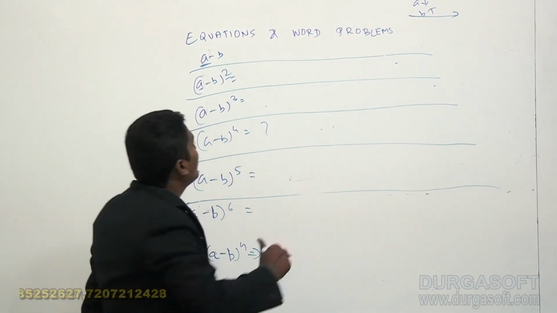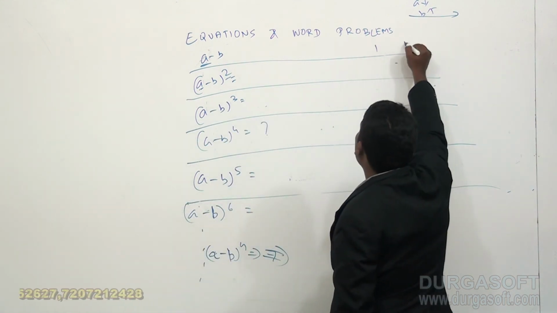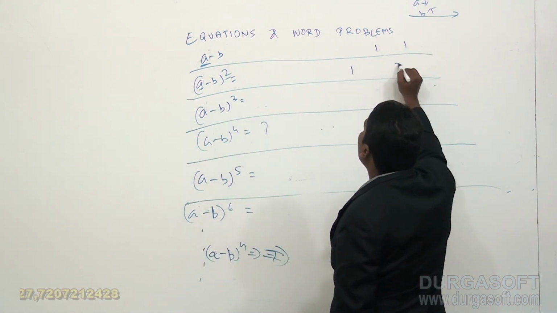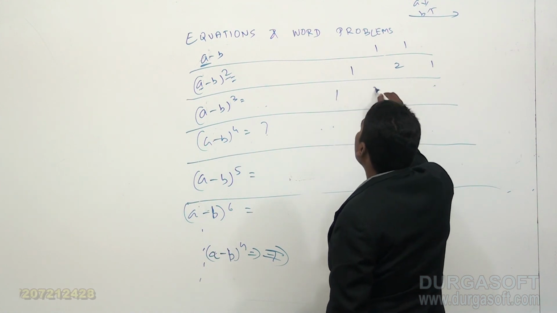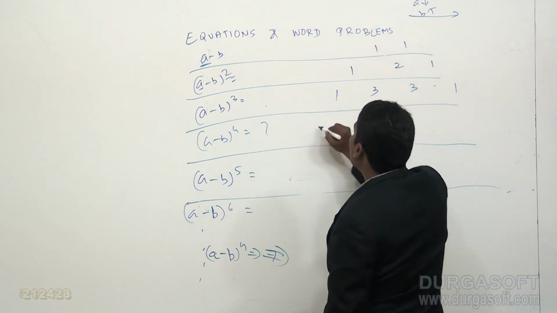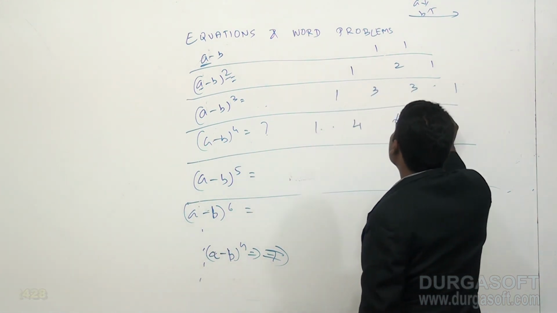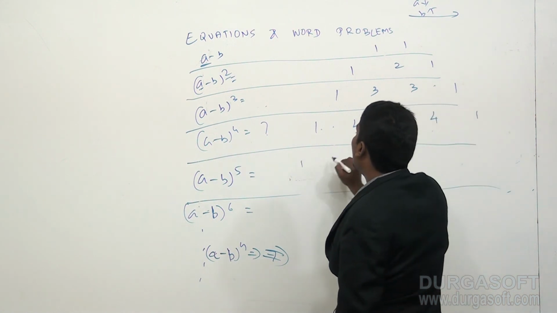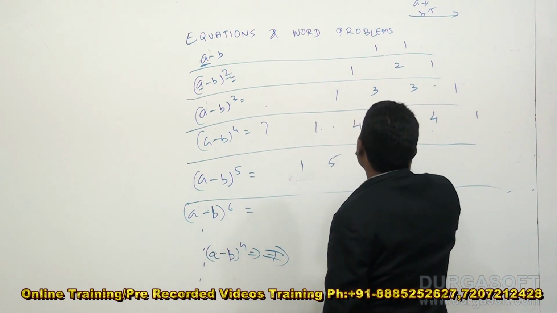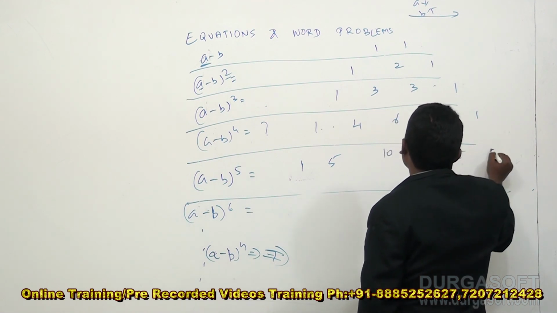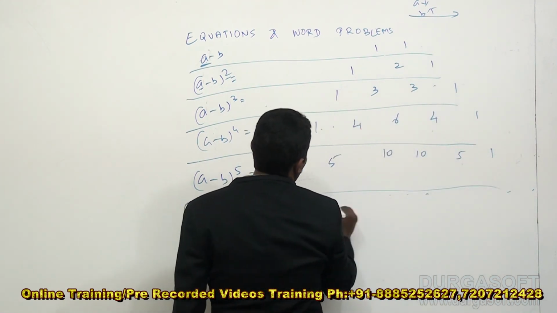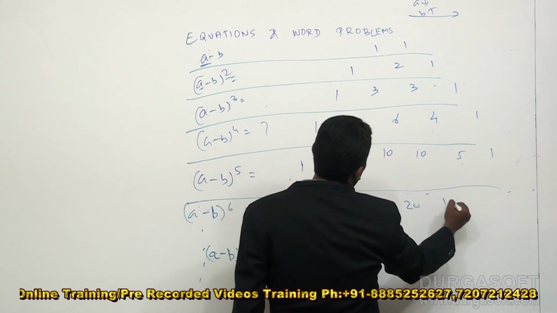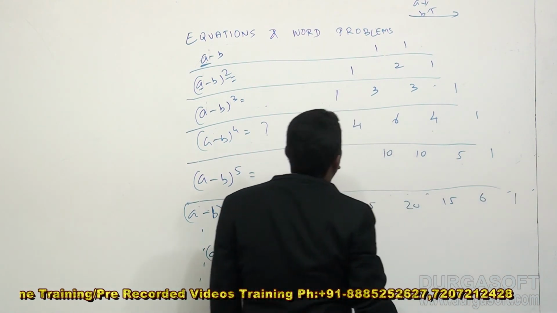Now here same way I will write 1 1, 1 2 1, 1 3 3 1, 1 4 6 4 1, 1 5 10 10 5 1, 1 6 15 20 15 6 1.